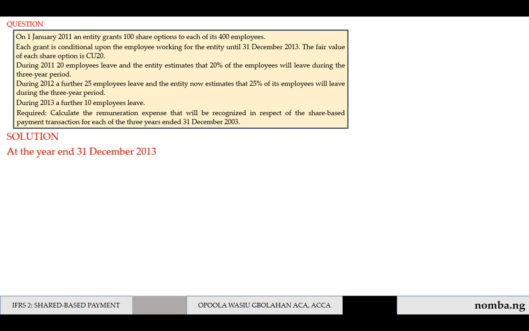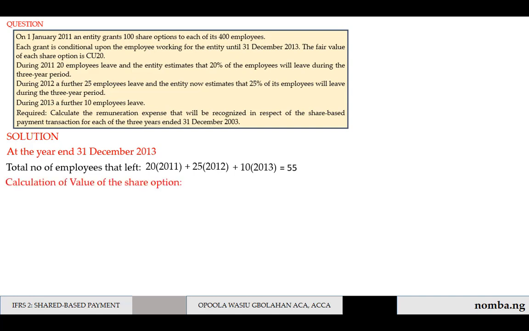There's no need for an estimate anymore. So the total employees that actually left: in 2011, 20 left. In 2012, a further 25 left. In 2013, 10 also left. So a total of 55 employees have left.